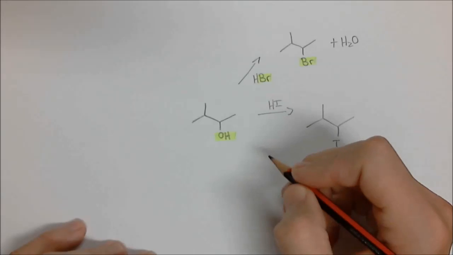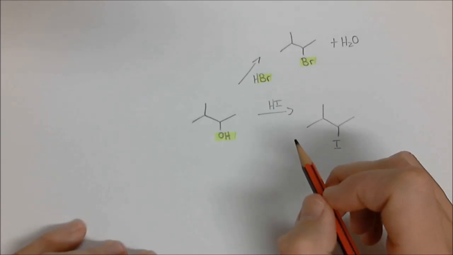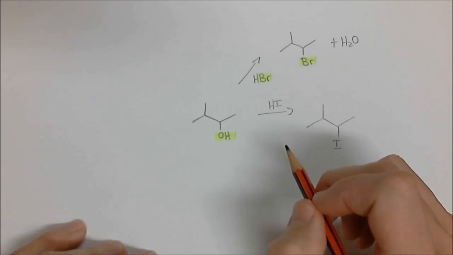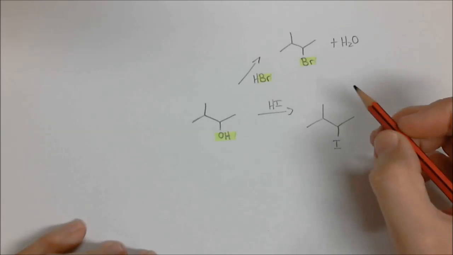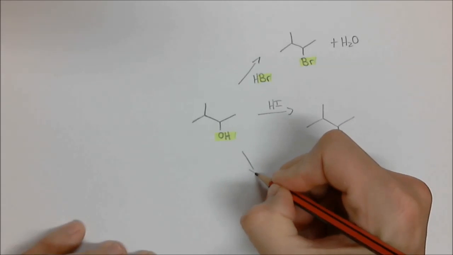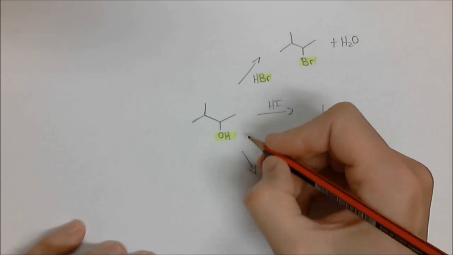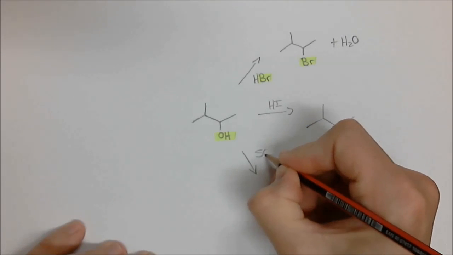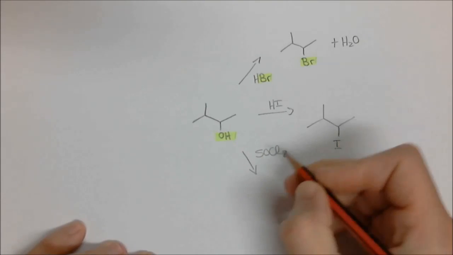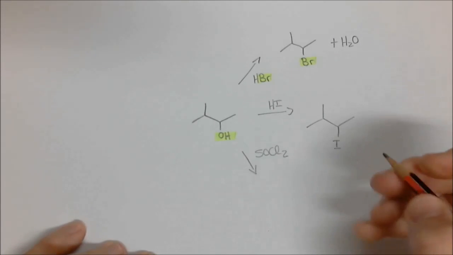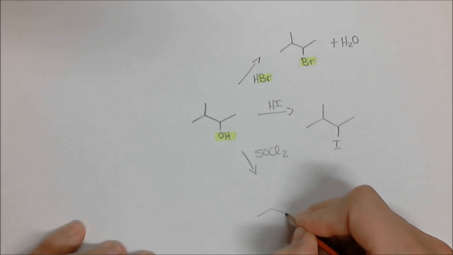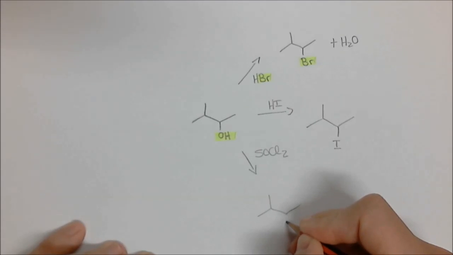In some cases, particularly with secondary alcohols, it might be okay, but it really is not a great reagent. The better reagent to change an OH into a chlorine is SOCl2, thionyl chloride. It's just one of those things that you're going to need to learn as a reagent.